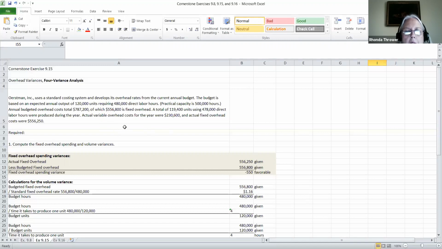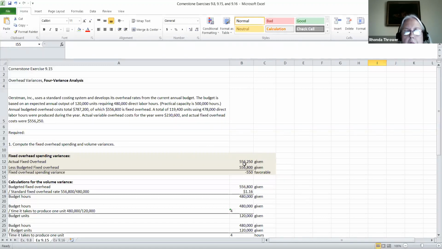You'll remember your actual fixed overhead was right here at 556,250. Your budgeted fixed overhead was 556,800. Both of these amounts were given.